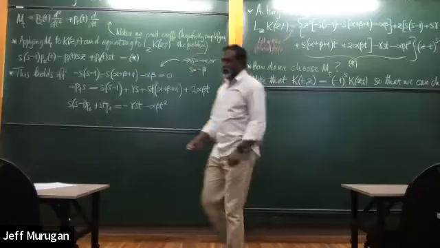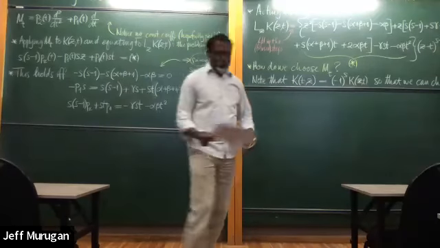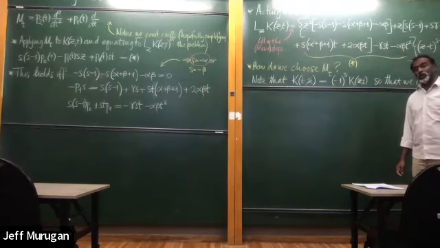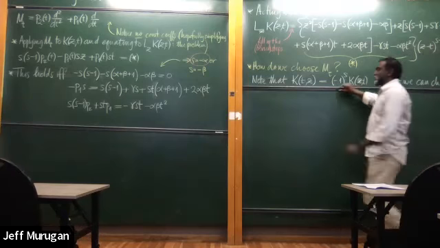So if I choose s equals minus alpha, that allows me to solve the remaining equations, which are two equations and two unknowns, p1 and p2. So it's consistent. Right?